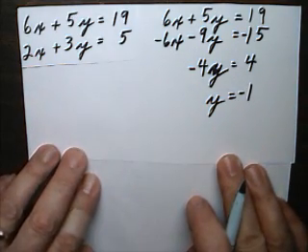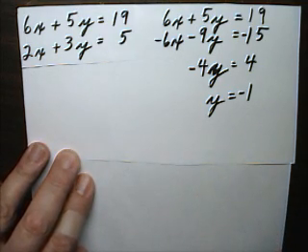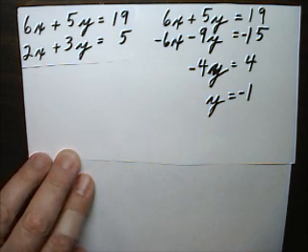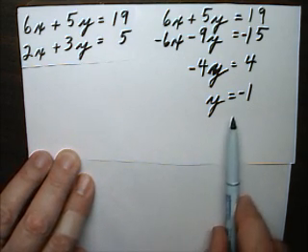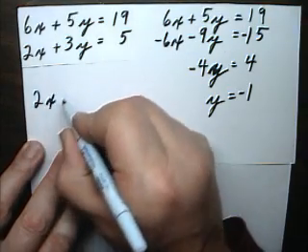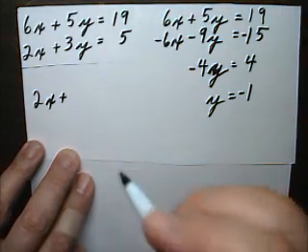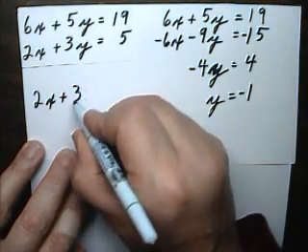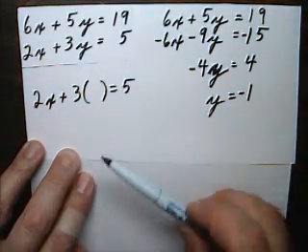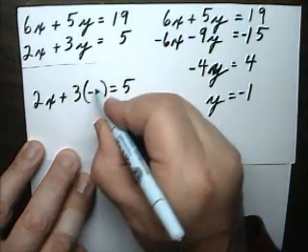So I figured out what y is, and all that's left to do is figure out what x is. I'll use one of the original equations. I'll use the bottom one just because it has smaller numbers, and I'll get this ready for substitution. So I've left an empty parentheses instead of the y, and now I'm ready to put in my -1.